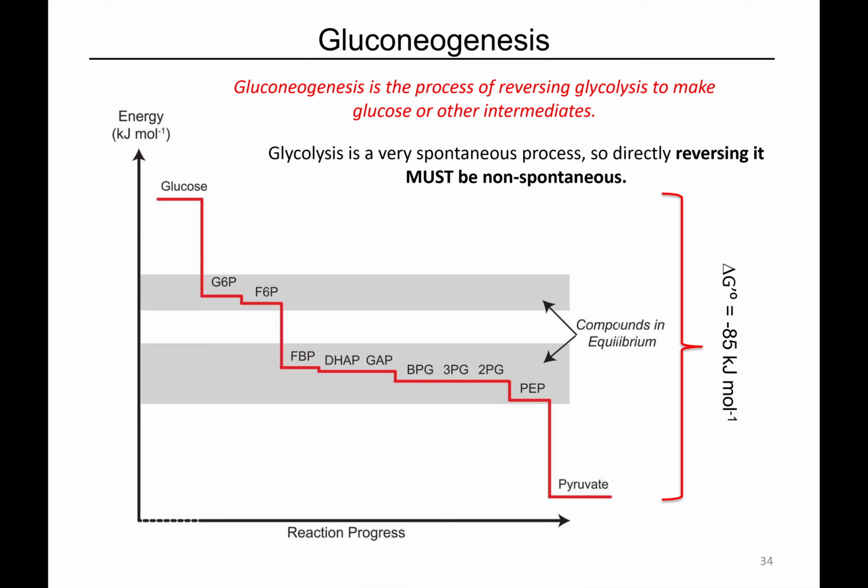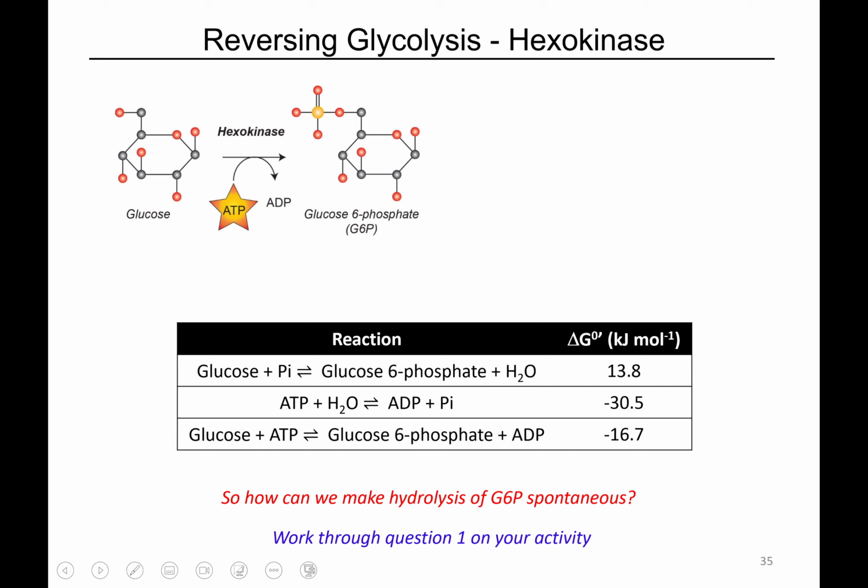The three irreversible steps of glycolysis are the three kinase steps we talked about before: hexokinase, phosphofructokinase, and pyruvate kinase. These are irreversible steps that we have to overcome if we want to reverse glycolysis. Two of these are actually fairly straightforward, but the third one is not quite as straightforward.